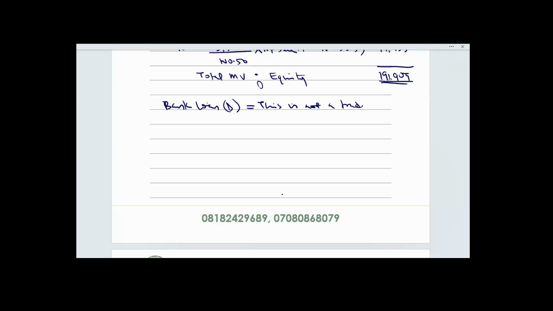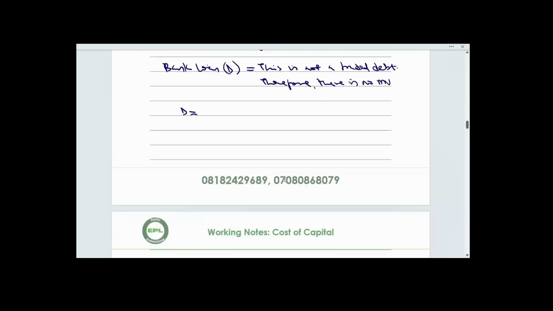Therefore, there is no market value. So if that is the case, D will be equal to, you need to add up the bank loan of all the four freezer companies.